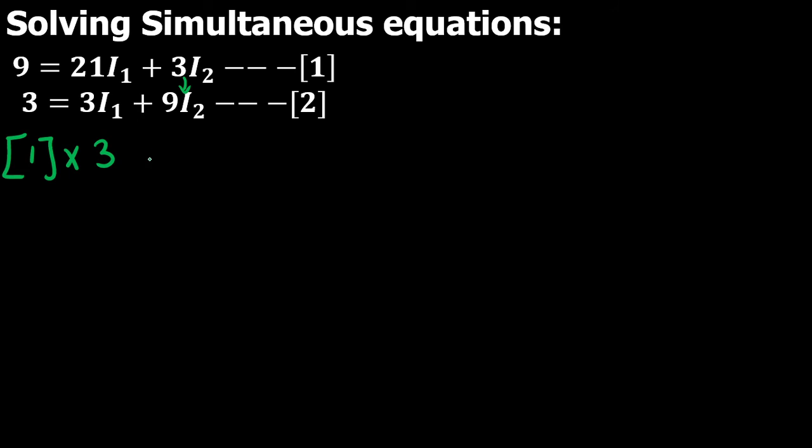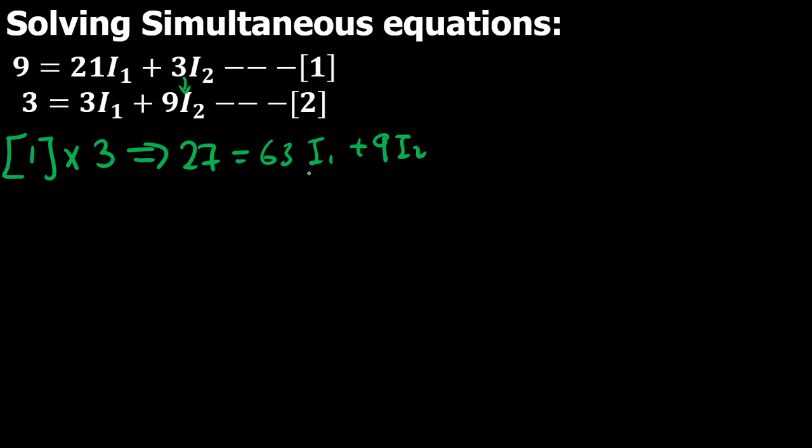So 9 times 3 is 27, 21 times 3 is 63, I1 plus 9I2. Alright, cool.